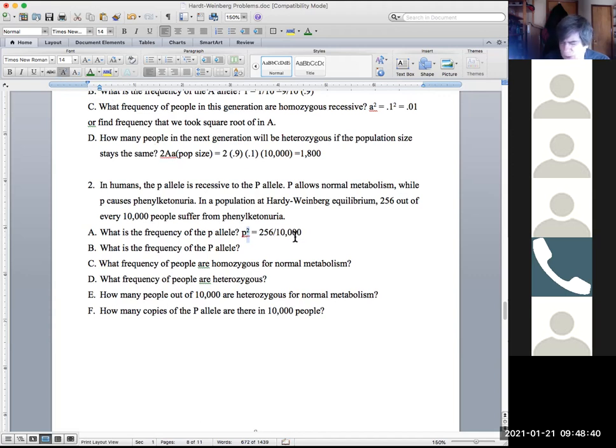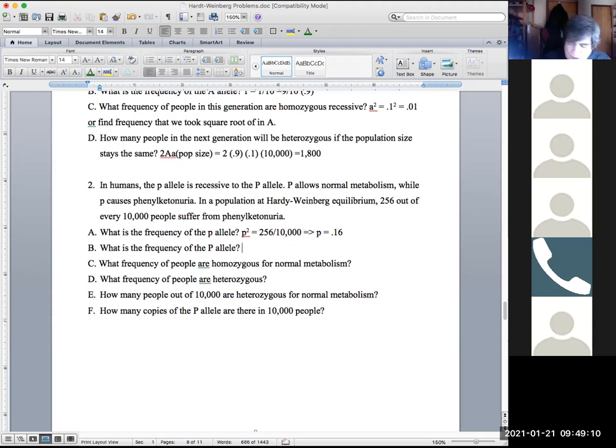So little p squared equals 256 over 10,000, or 0.0256. We're going to take the square root of this, and we're going to find that little p is equal to 0.16.